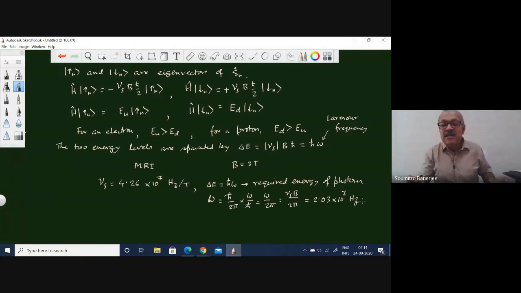So what is done is that this radio frequency is applied, and by applying that radio frequency, you excite the protons from the up state to the down state, and then it relaxes, releasing the energy, and that's how you make the image. Great. The last thing, about 15 minutes left, we'll quickly go through that.